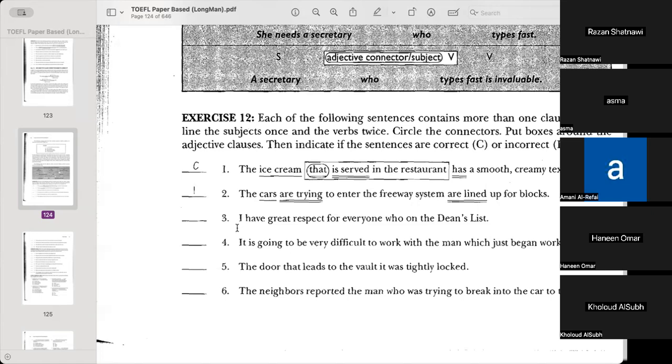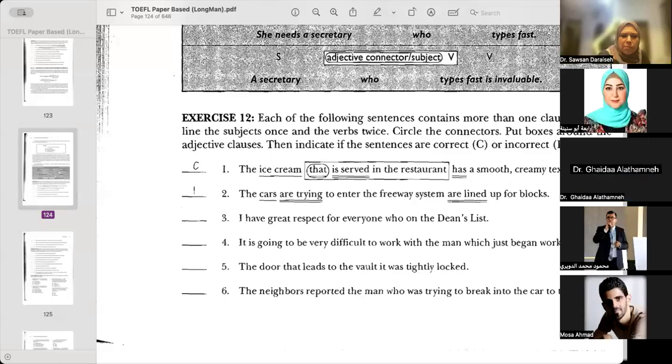Go ahead, Dr. Rami. Hello? Do we have a problem, guys? Can you hear me? Because I don't know who's supposed to answer now. Dr. Rami was supposed to answer, but I don't hear him anymore. Hello, can you guys hear me? Yes, doctor, we hear you. Number 3.